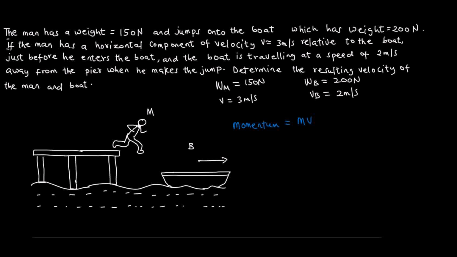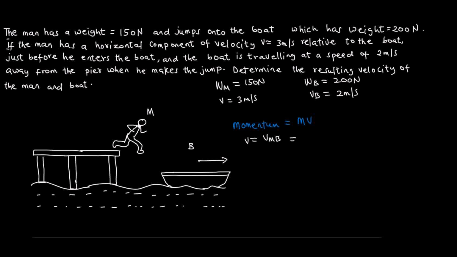So all we have to do is calculate the actual velocity of the man. How are we going to do this? The relative velocity of the man with respect to the boat is given as v, and that's equal to the velocity of the man with respect to the boat.